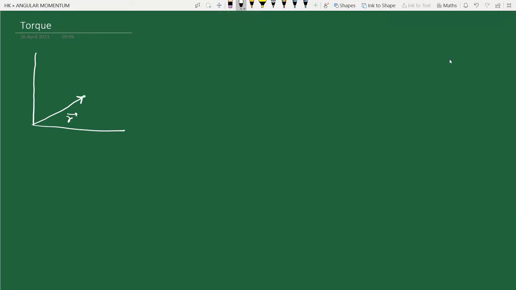Okay, this is our particle. Position vector from the origin is r, and some force is acting on the particle along this direction.